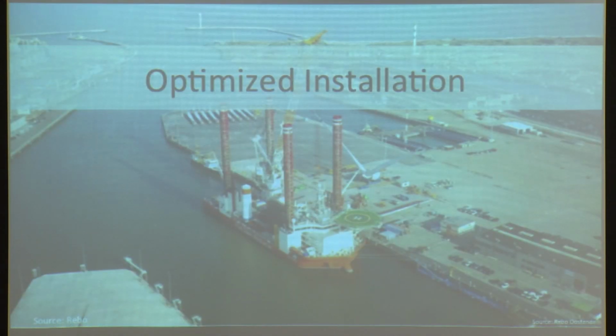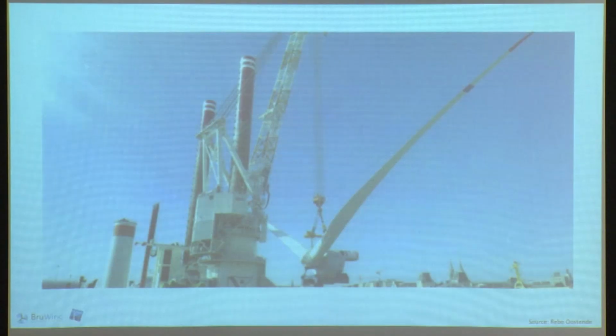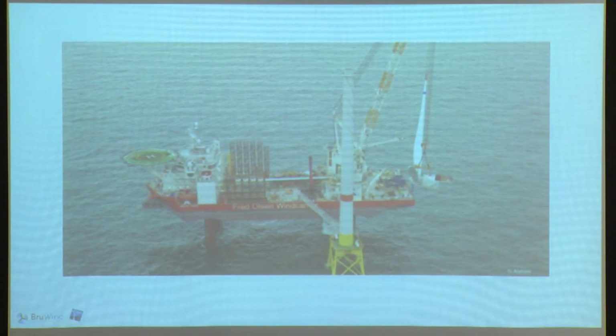Optimized installation. This thing costs $250,000 a day just to do the installation. You can take the whole turbine, put it on, and install it. The thing comes out of the water in order to be independent of the water conditions. There's a lot of improvement ongoing there.